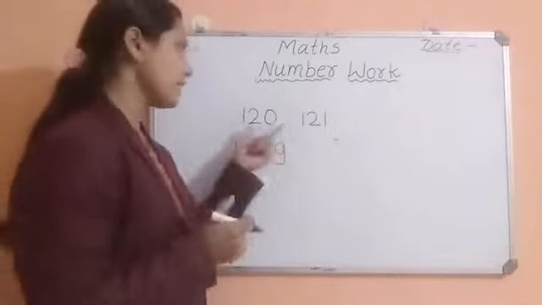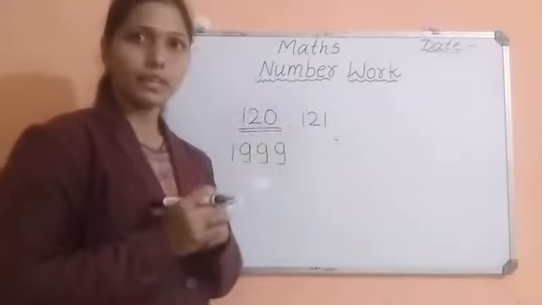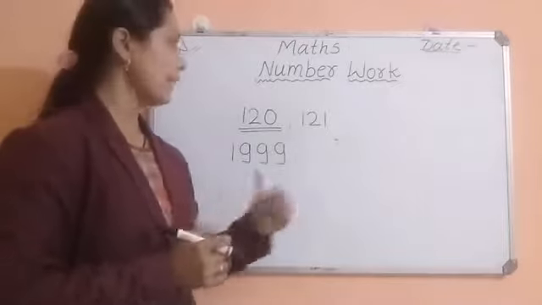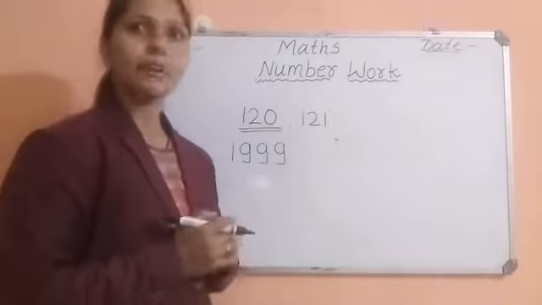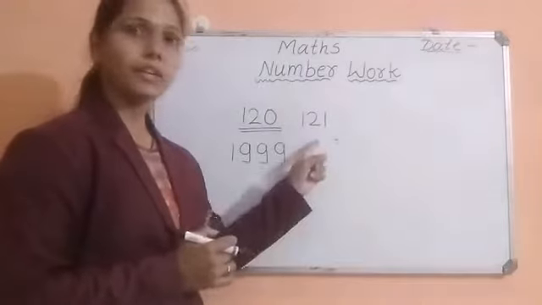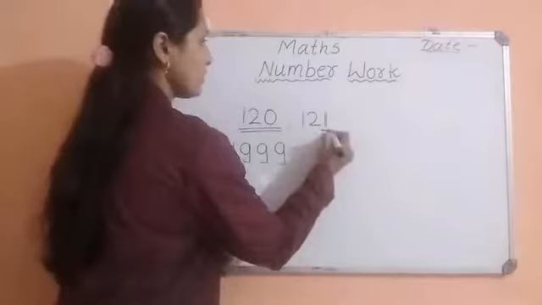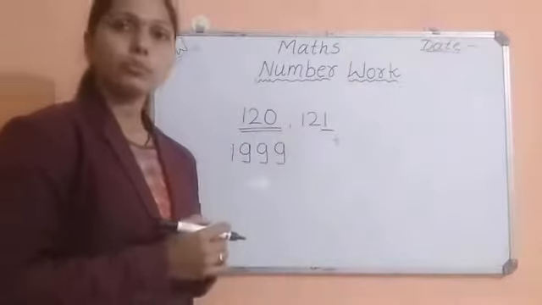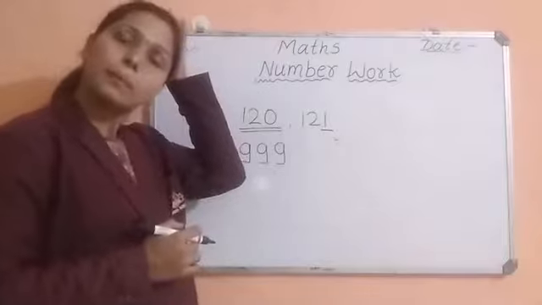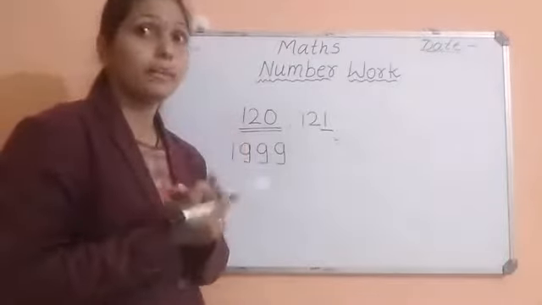Suppose 120 is the given number, and the number just after it is 121. This 121 is greater by 1, bigger by 1.